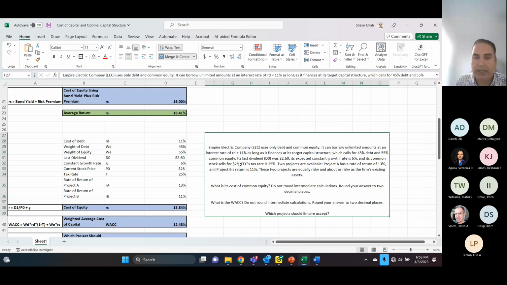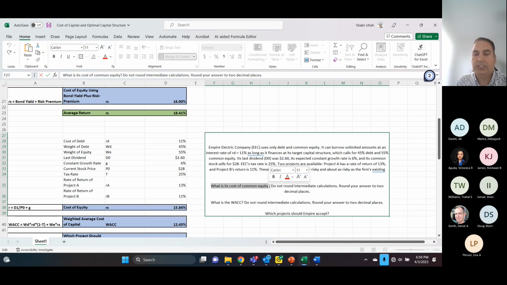And of course, we're going to use the dividend discount model because D0, P0 and growth are given to us. Next, we'll have to use that information to calculate the WACC, weighted average cost of capital. And based on the weighted average cost of capital, we will decide which project would be accepted, project A or project B. So let's first jump on to calculating the cost of equity using the dividend discount model.